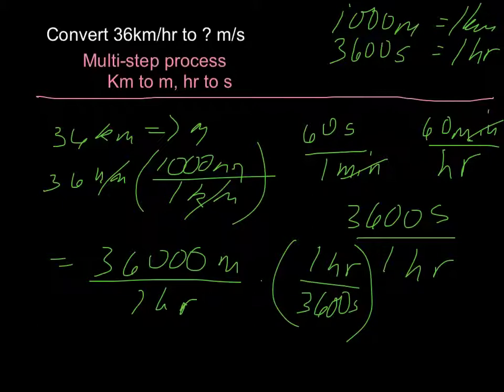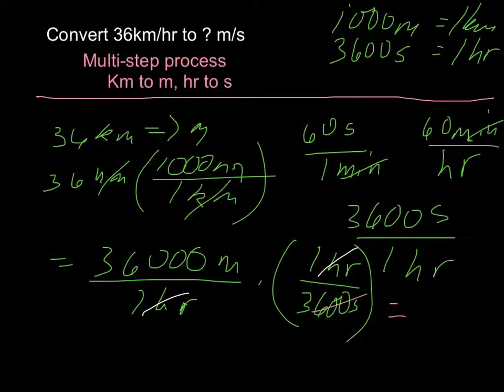Okay, so you know what happens now, right? The hours cancel, and we're left with meters per second. 3,600 cancels too, so how many meters per second do we end up with for the answer?